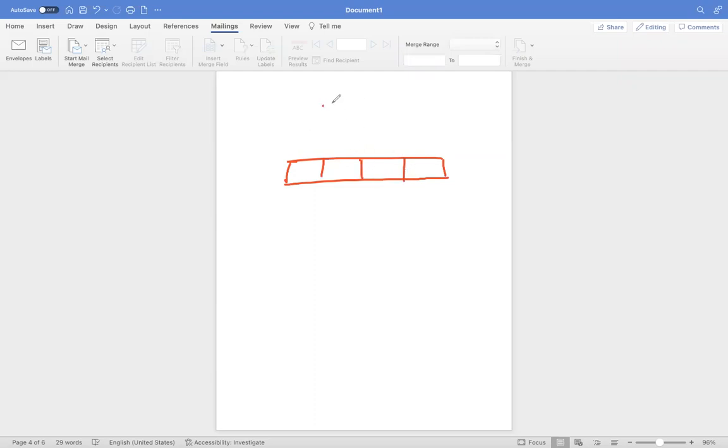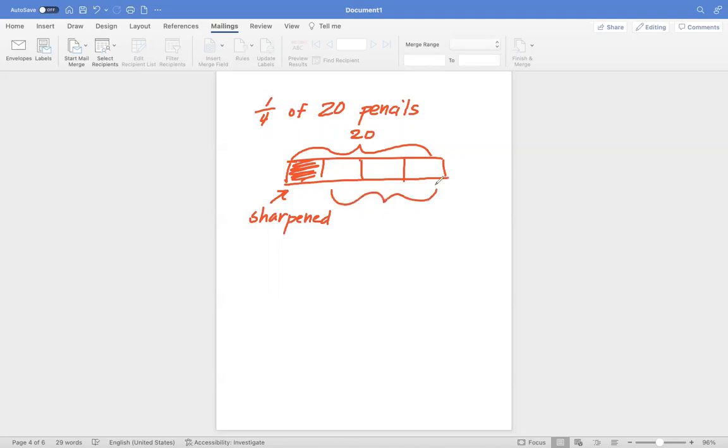So if I said 1/4 of 20 pencils are sharpened, well, let's say, here's my total, and 1/4 of them would be right here. How many pencils are not sharpened? Well, if 1/4 are sharpened, these are my sharpened pencils. These would be my not sharpened pencils, unsharpened.